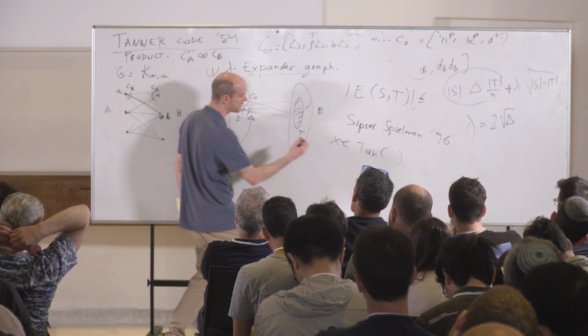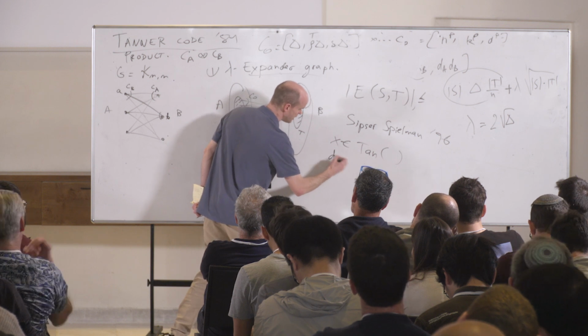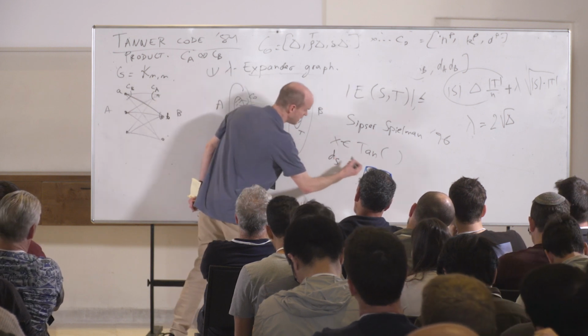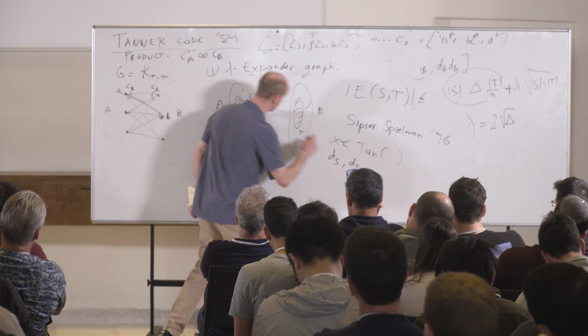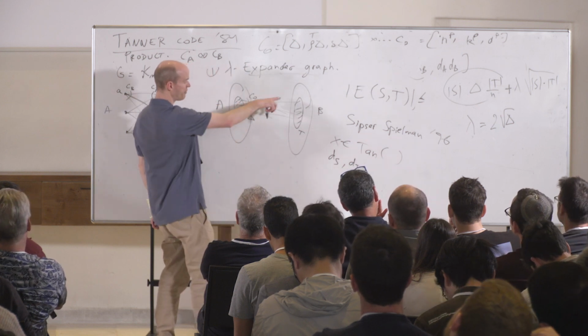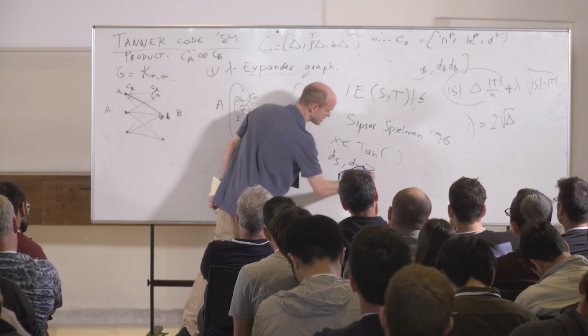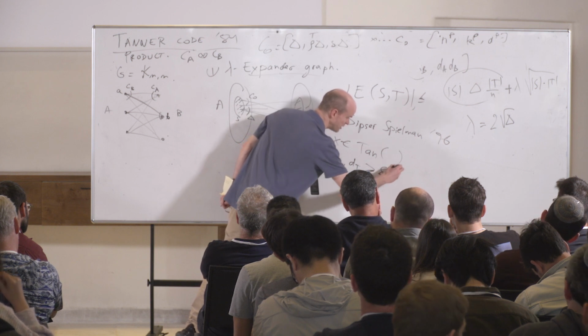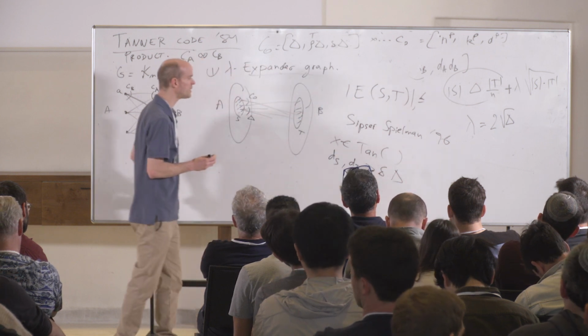So both in S and in T, the average degree of the subgraph induced by X is at least small delta times the degree.